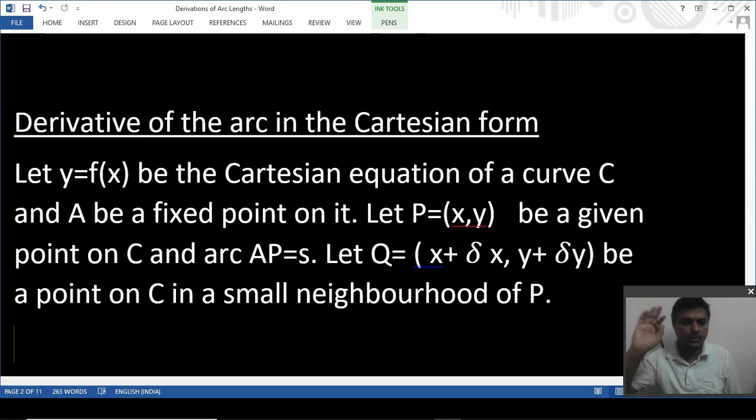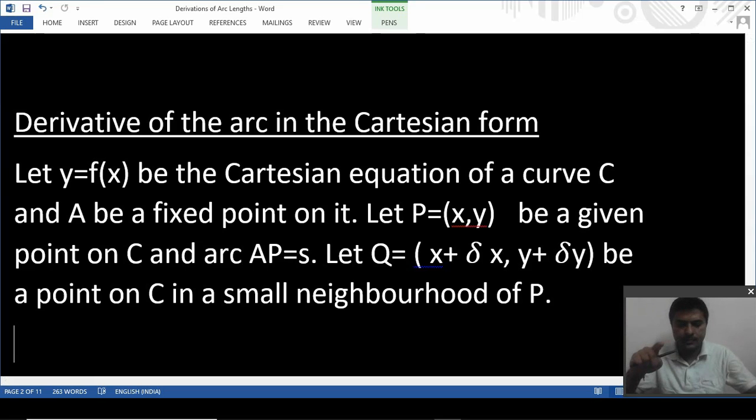Let y is equal to f of x be a Cartesian equation of the curve C and A be the fixed point on it. Let P equal to (x, y) be a given point on the curve C, and the arc AP is equal to S. This is already fixed.